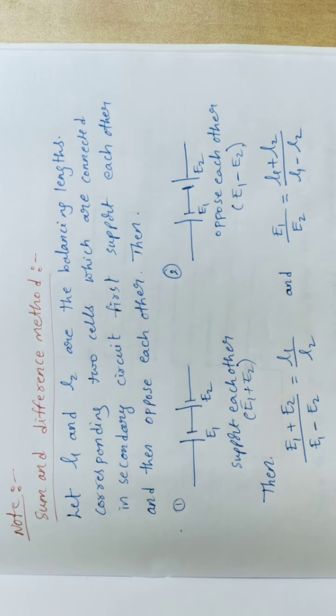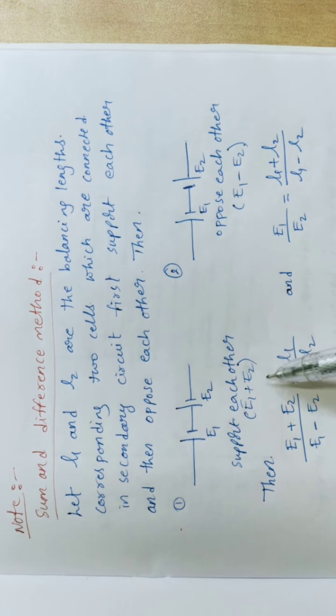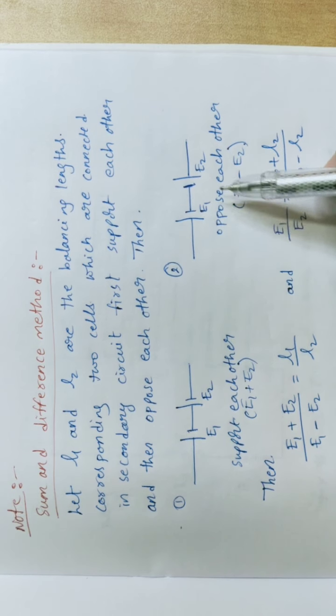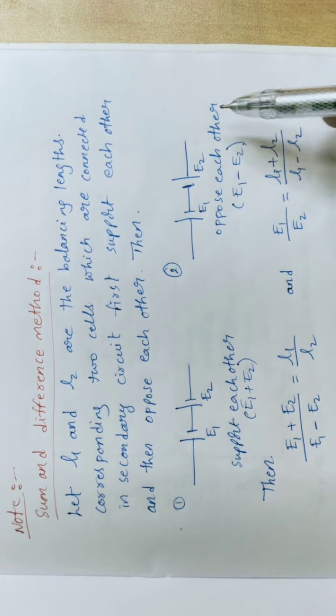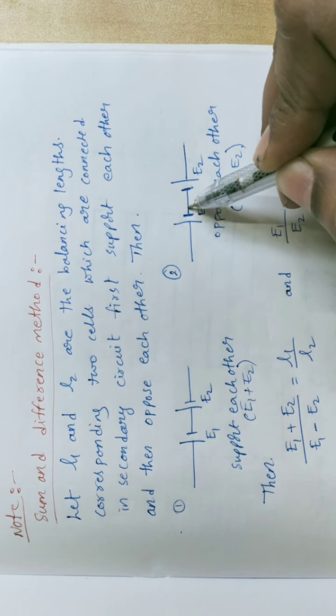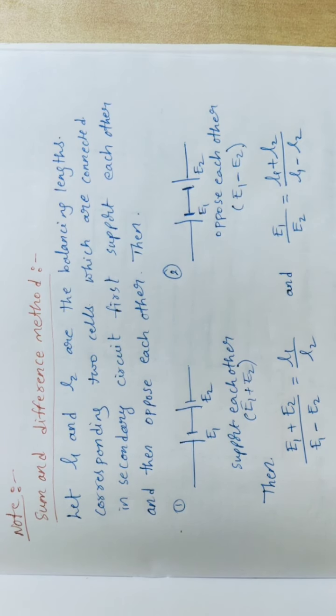In this situation, we know very well that when two cells are in series combination, the net EMF becomes E1 plus E2. In the second diagram, observe that both are opposing each other. Here the negative terminal of the first cell is connected to the negative terminal of the second cell.